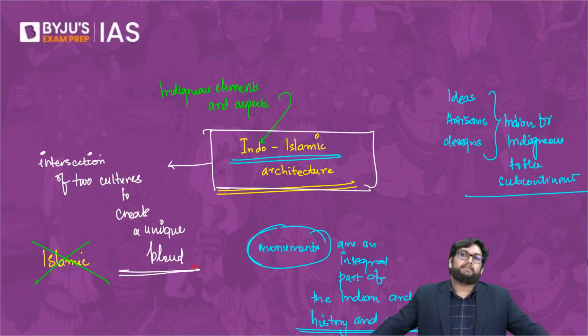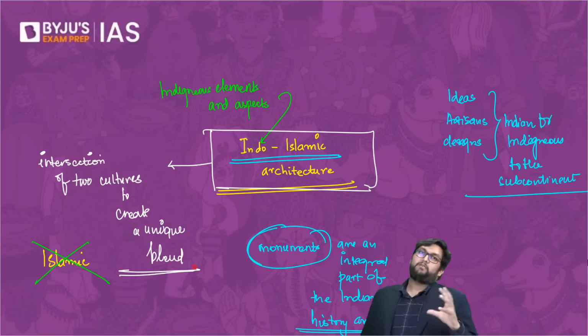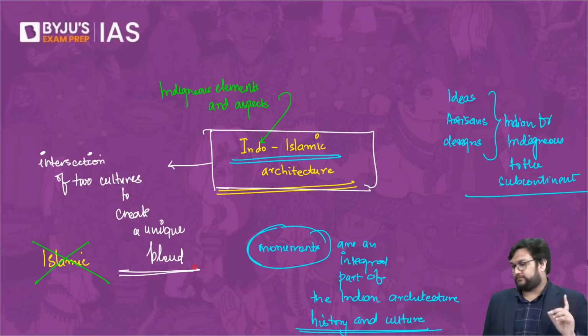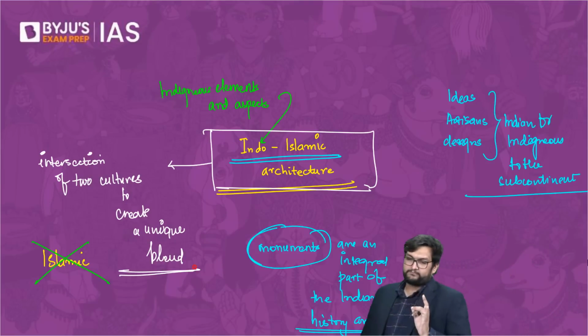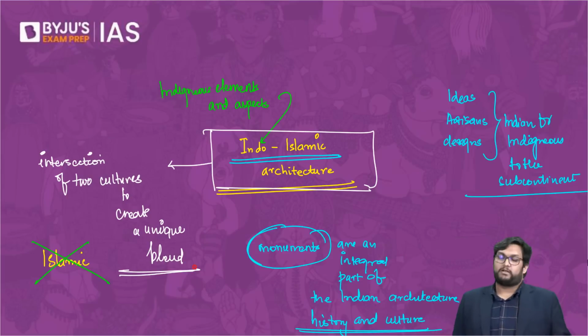Everything in this period is a confluence of two very dominant cultures coming together and forming a hybrid, unique blend of architecture and art. Are we clear about this? Because then I move one step forward. Agree, disagree? For the UPSC examination, you have to agree.